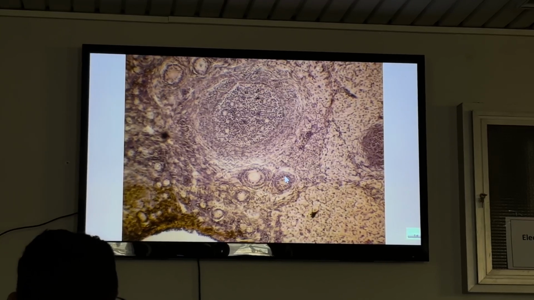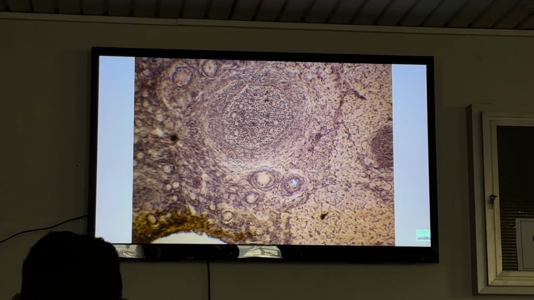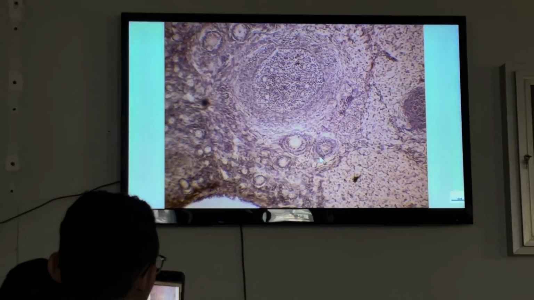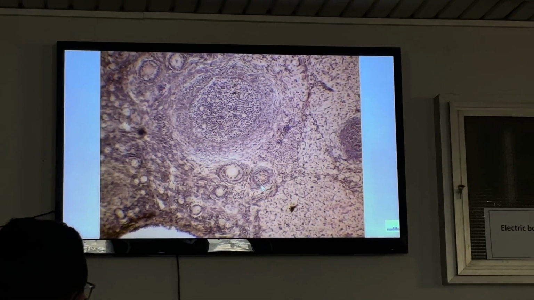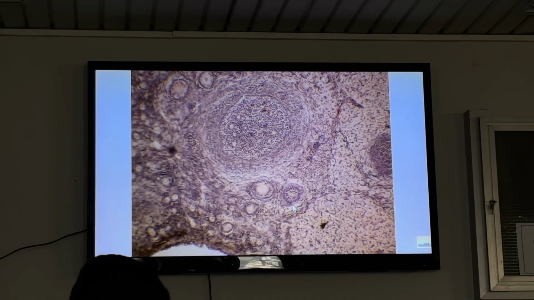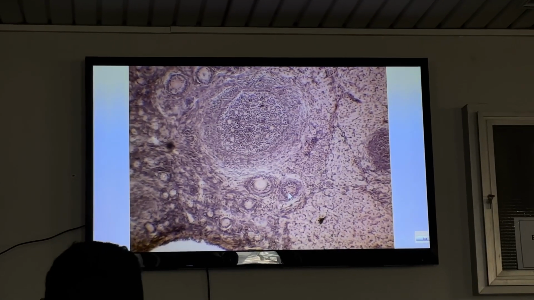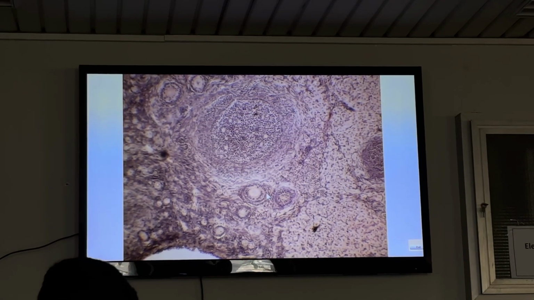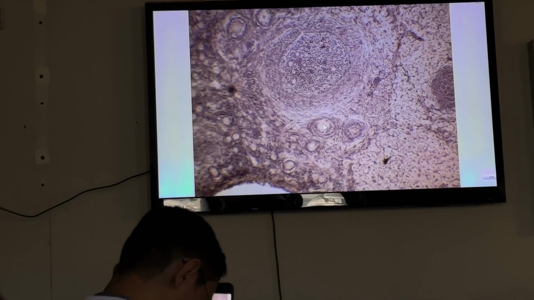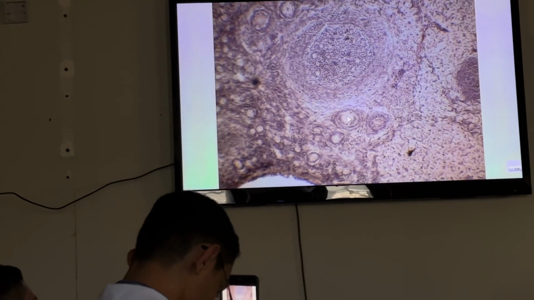You can see this is the stratified granulosa cells, or we call them follicular cells. This follicle is called the primary follicle. Also surrounding the primary oocyte, the same thing. Surely you must write primary oocyte.